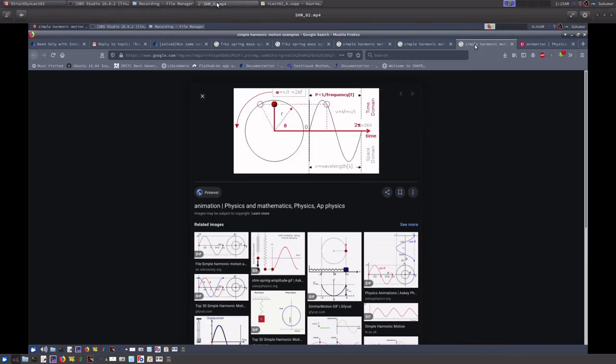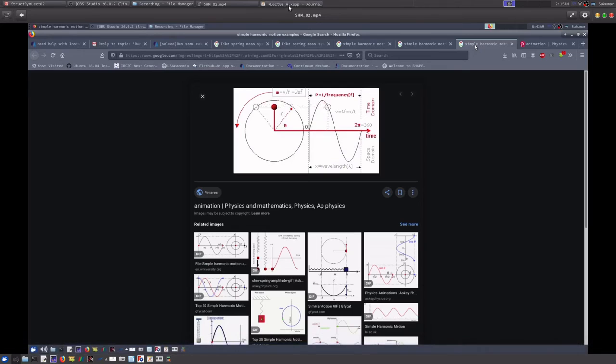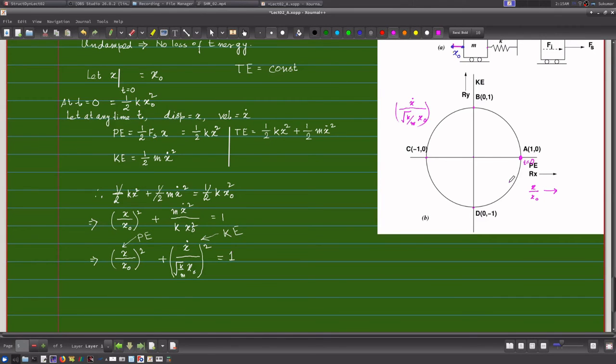Now in the video we have seen that the motion of the mass can be expressed by a harmonic function. And therefore coming back to here, we have seen that the motion is repeated over a full circular motion, which has a period of twice pi.